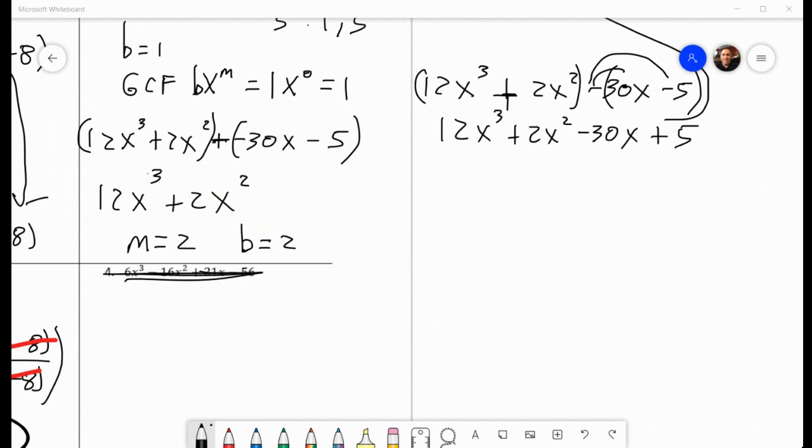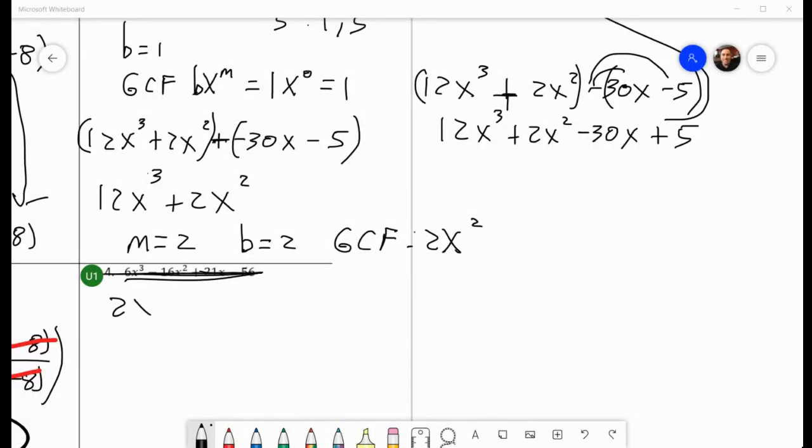If you were to list the factors, your greatest common factor among the numbers 2 and 12 is 2. So in this case, our GCF is 2x squared. So we can factor that out.